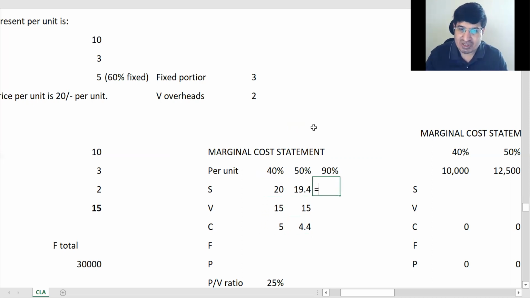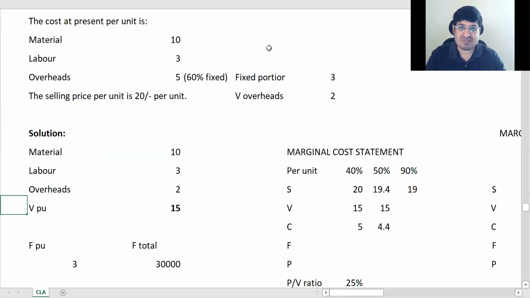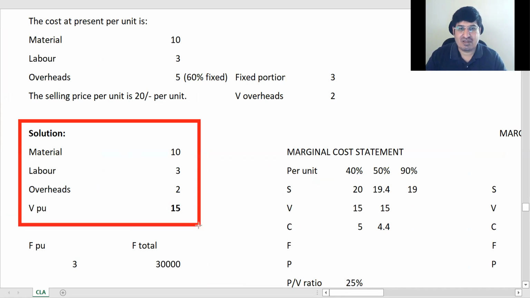So what I'll do is equals to 20 into 95%. I'll just multiply 20 by 95% straight away. I'm getting 19. But here there is a 5% reduction in variable cost or in material specifically. So we'll go to this table. Okay, we are basically going to this table now, right?